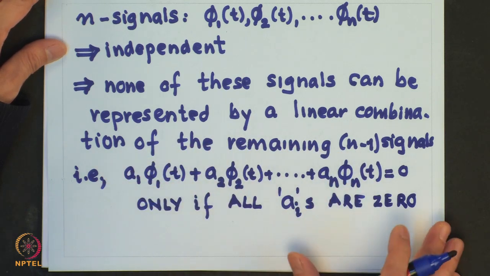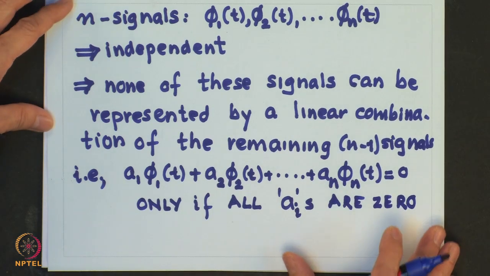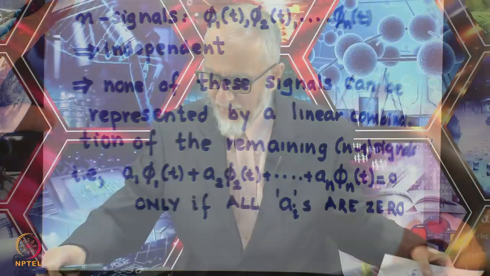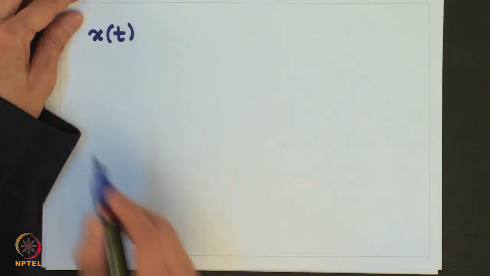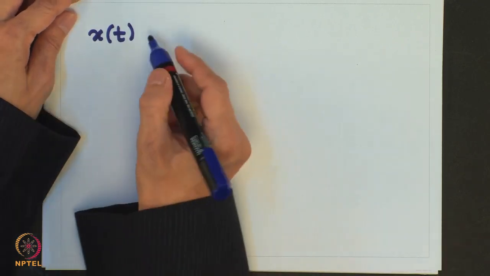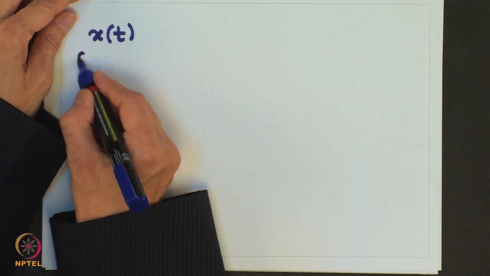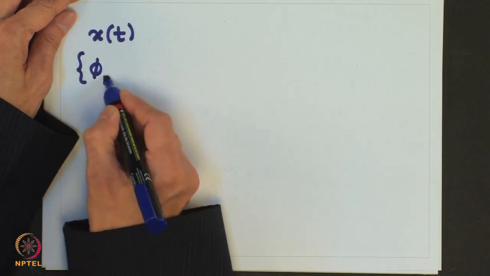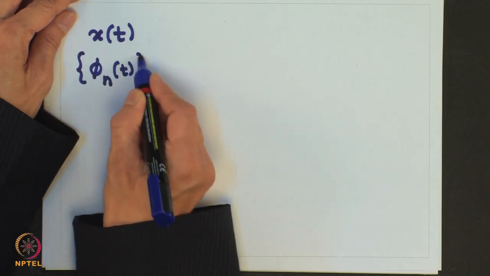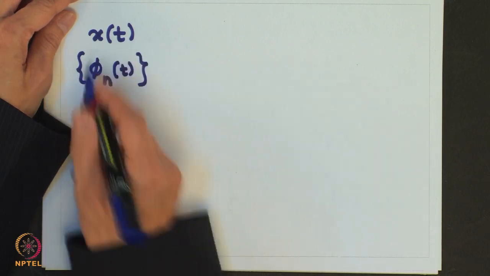So, let us say that we have a signal x(t), and this signal x(t) can be represented by a linear combination of n independent signals. We will denote this set of n independent signals by phi n(t).